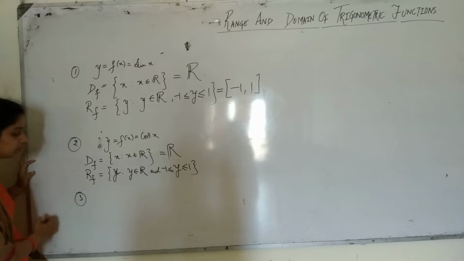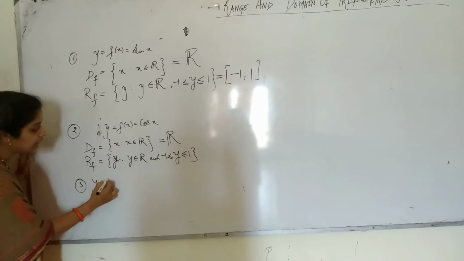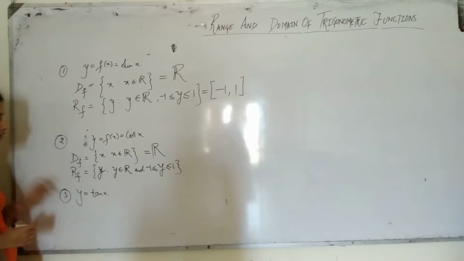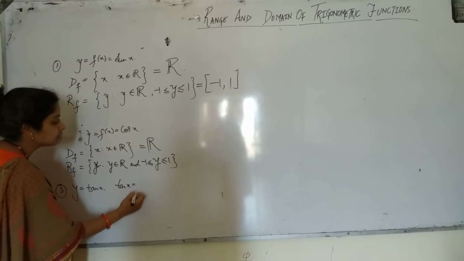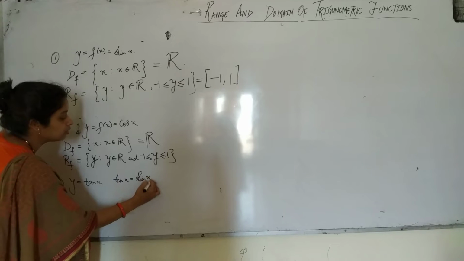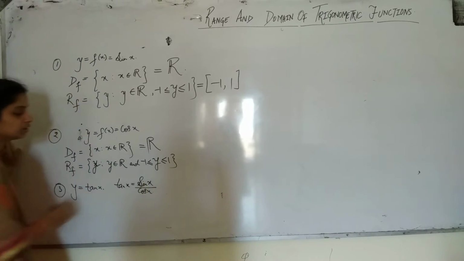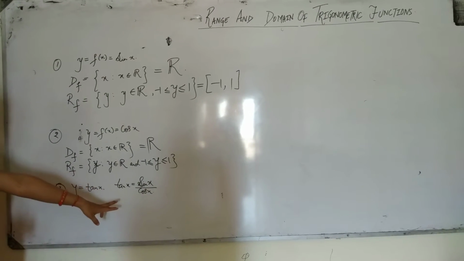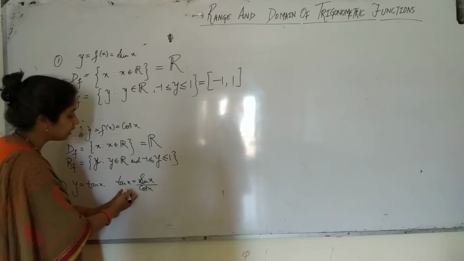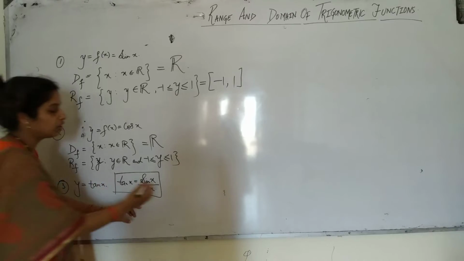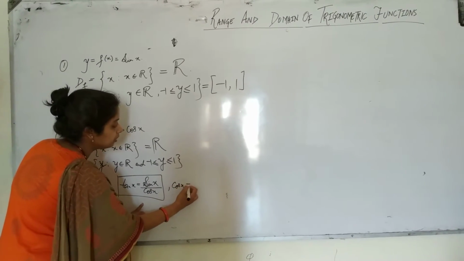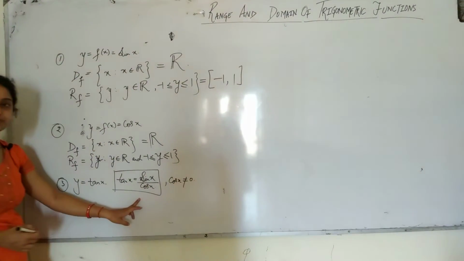Now the third type of trigonometric function is tan x. We already know that tan x is a ratio of sine and cos. So we can say that this ratio is possible only when cos x is not equal to 0. Clear?